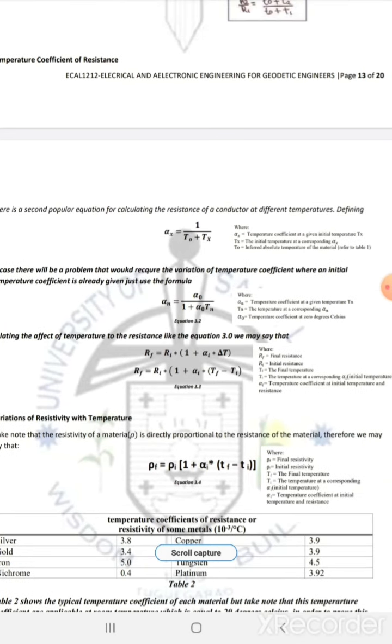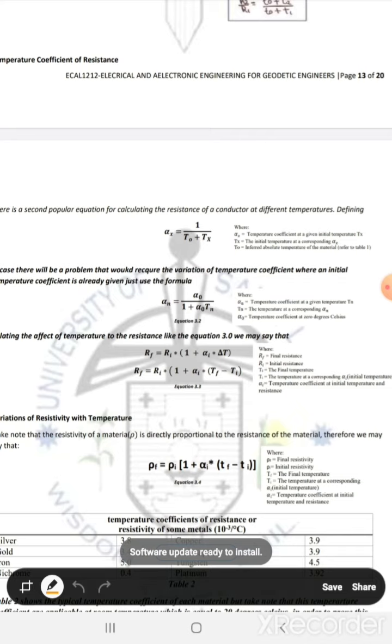So, this will be our temperature coefficient. So guys, kung nagtataka kayo, bakit kailangan pa natin ng temperature coefficient? Eh, meron na tayong formula wherein relate natin yung resistance at temperature. Actually, yung temperature coefficient of resistance nyo is also the measure of the change in electrical resistance of any substance per degree of temperature change.